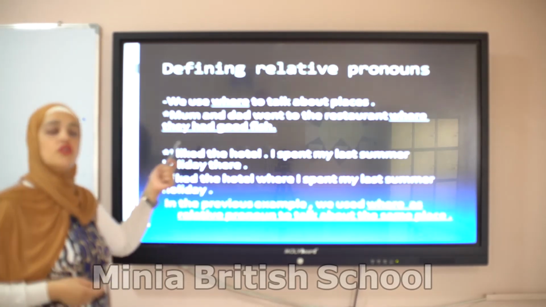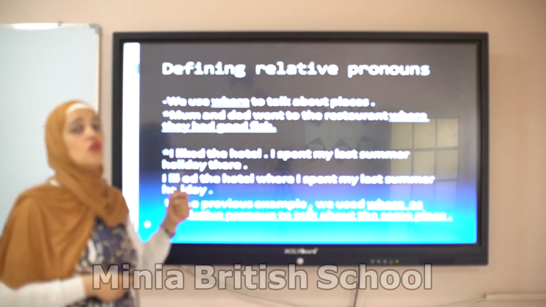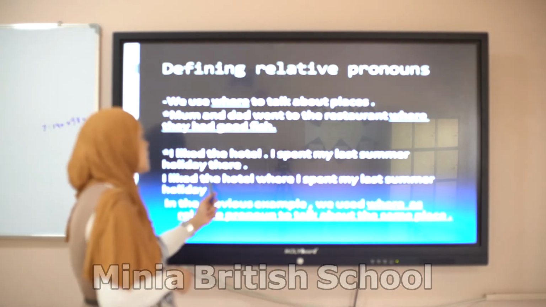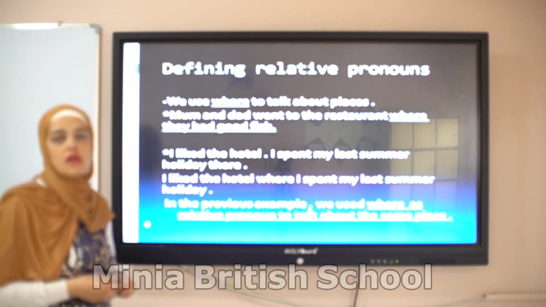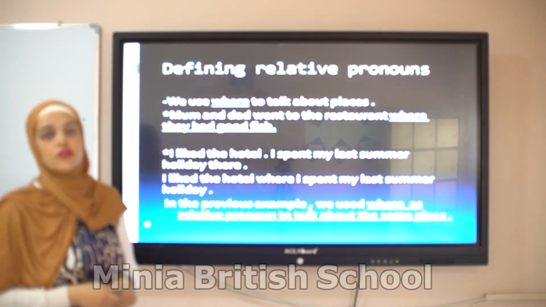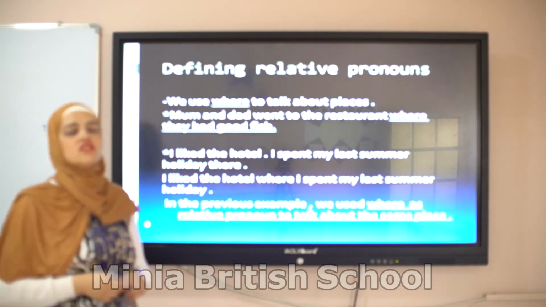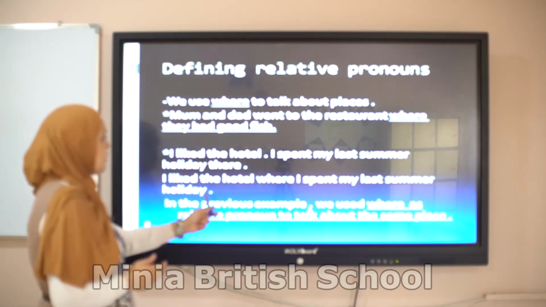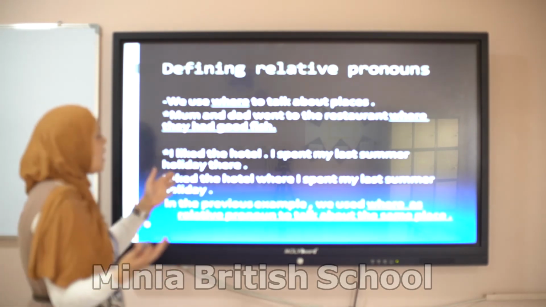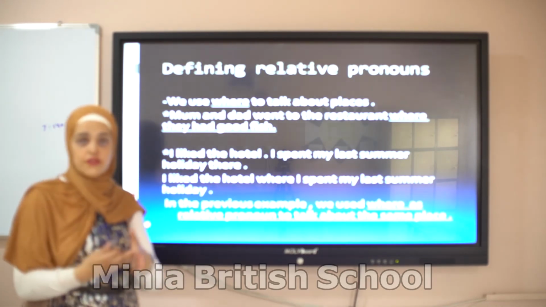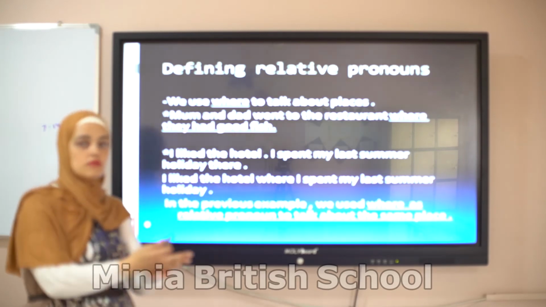Here we used the adverb there to refer to the same place. We don't want to use there because we talk about the same place. I will use where after the place I'm talking about.